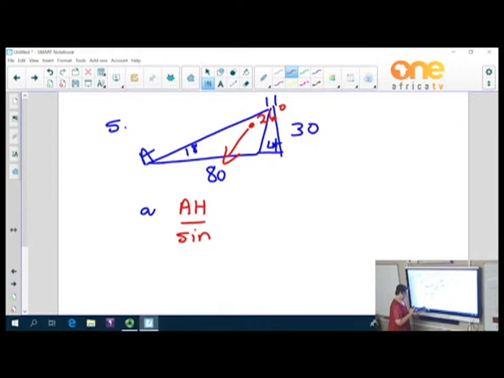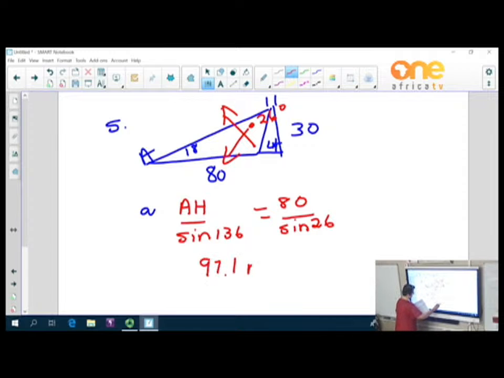So it is 180 minus 44, which is 136. So I need 136, the opposite side, and the opposite angle there is equal to 80 over sine 26. So can you see I need 2 angles in there to do that one. So we cross multiply here, and the answer is 97.1 meters.